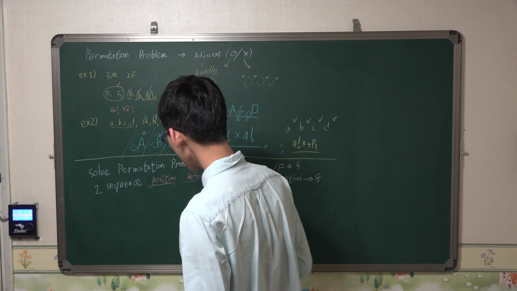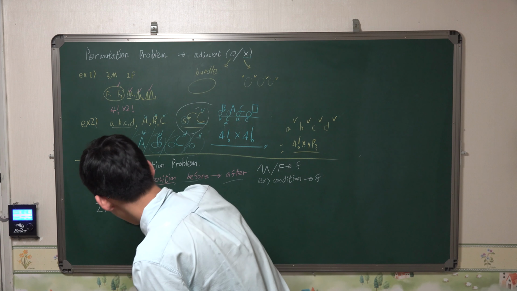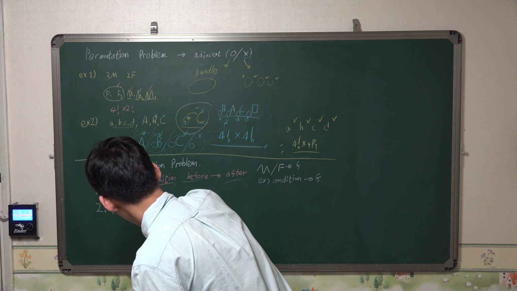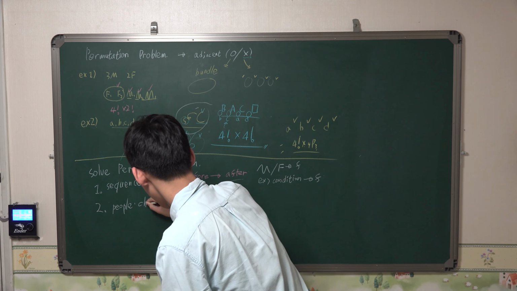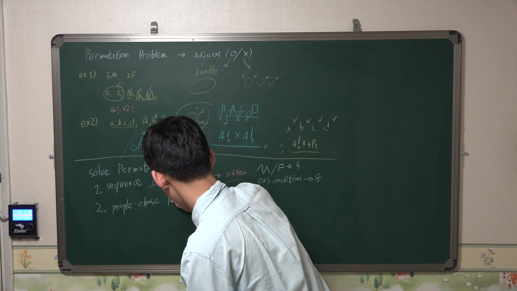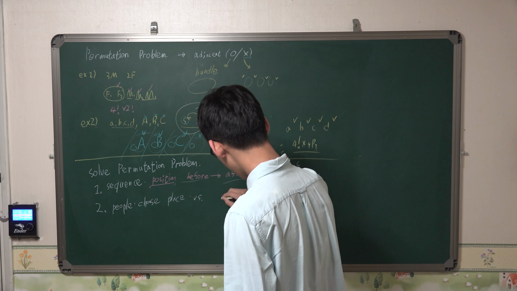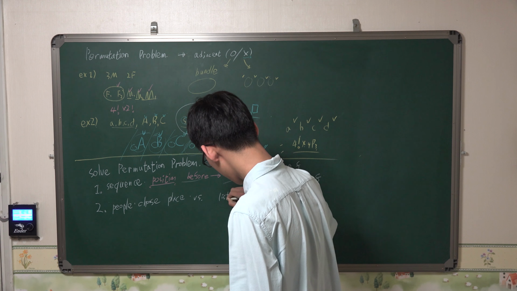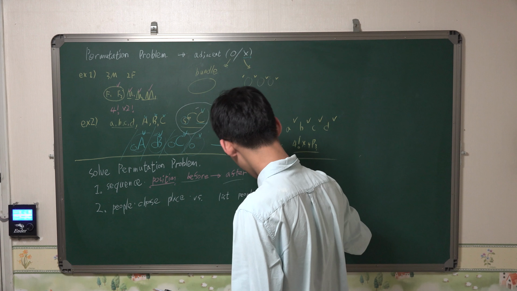And number 2 is an easy one. We have to think about whether people choose places, versus listing people on places.